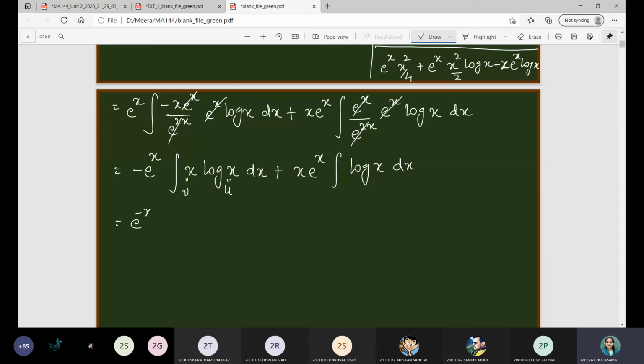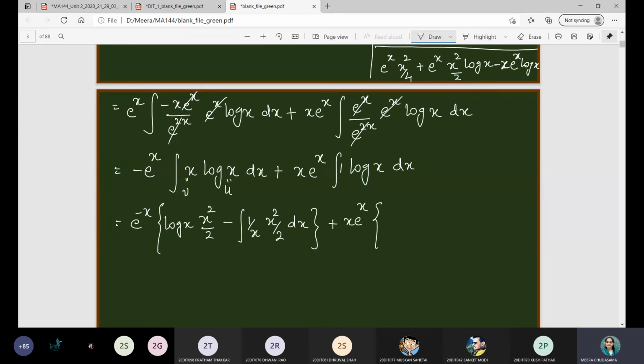So in that case, I will write it with curly brackets. First, u as it is, that is log x, into integration of v, which is x square by 2, minus integration of the derivative of log x, which is 1 upon x, into integration of v, so x square by 2, dx, plus x e raised to x.